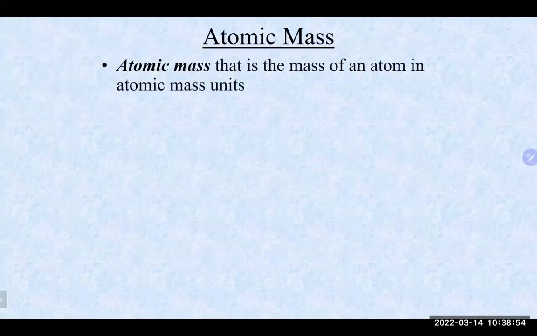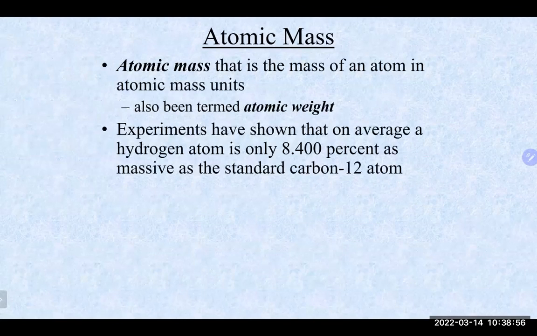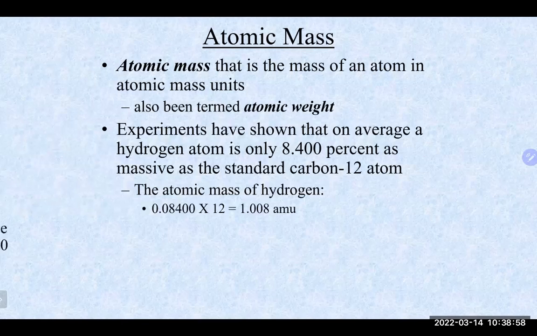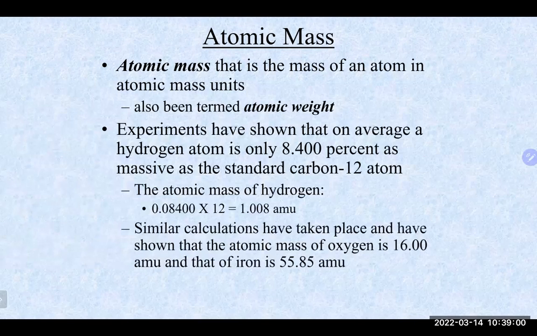So basically, atomic mass, which is sometimes referred to as atomic weight. Experiments showed, for example, that hydrogen is only about 8.4% as massive as a carbon-12 isotope. So they do a simple little calculation where we take 8.4%, move the decimal place a couple places to the left, or divide by 100.